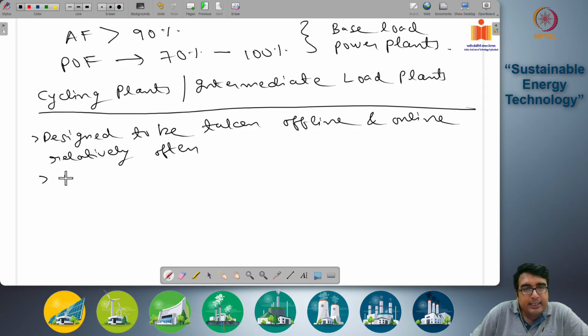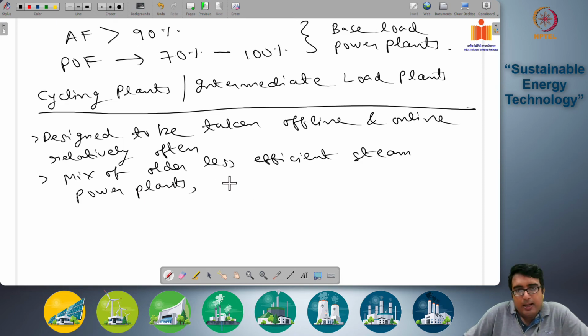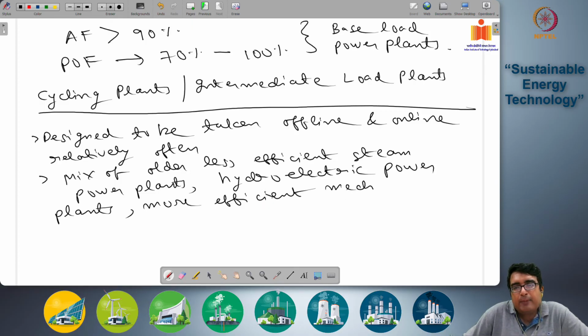These are a mix of older, less efficient steam power plants, hydroelectric power plants, more efficient medium capacity gas power plants.